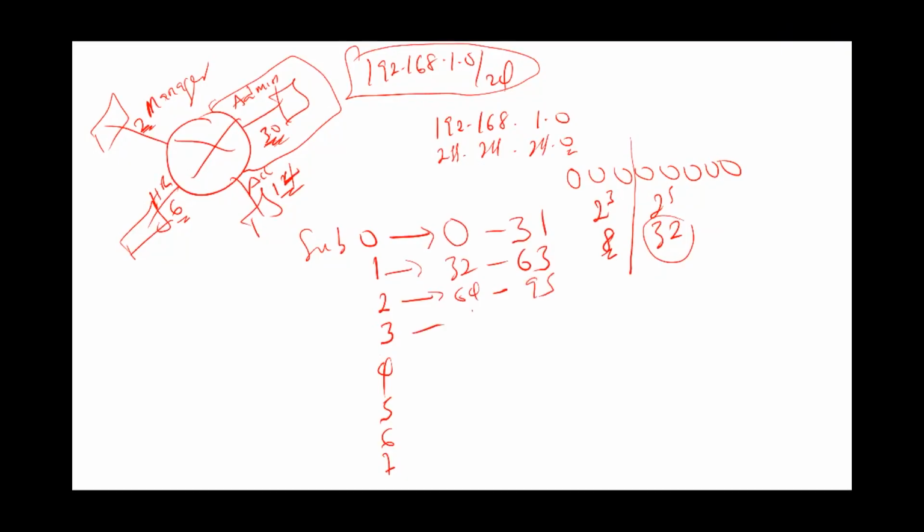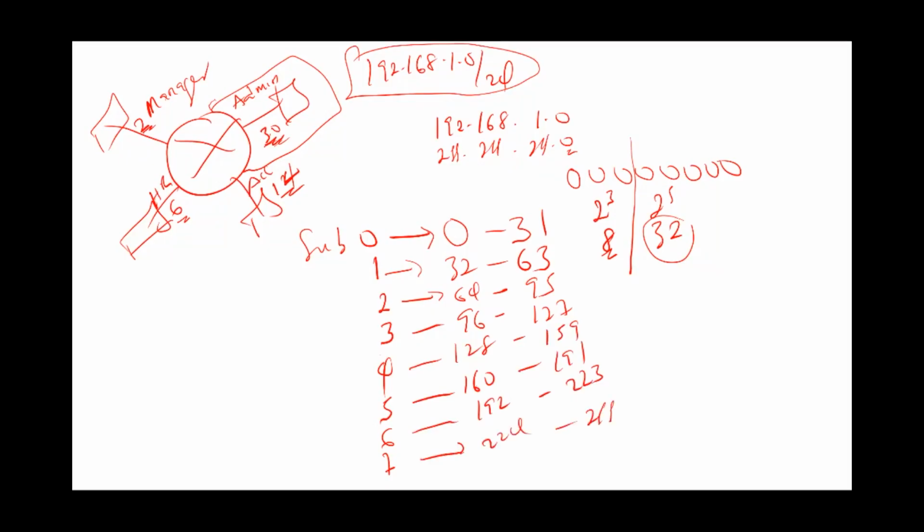The next one will be 96 to 127. The next one will be 128 to 159. The next one will be 160 to 191. The next one will be 192 to 223. And the last one will be 224 to 255.